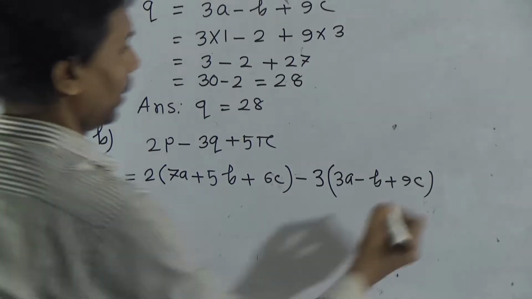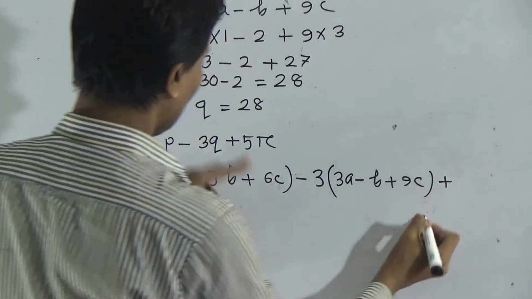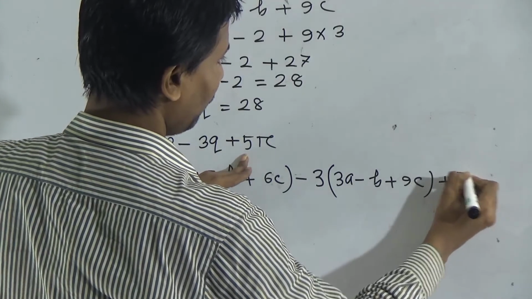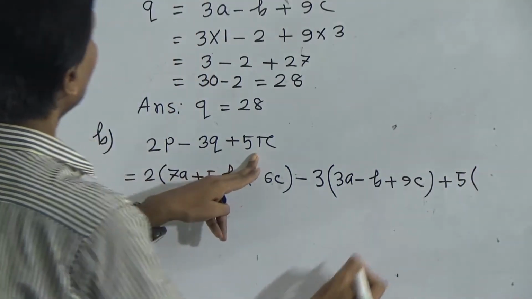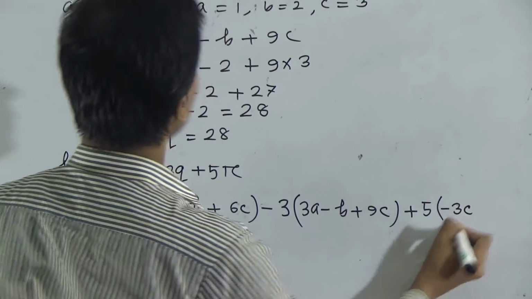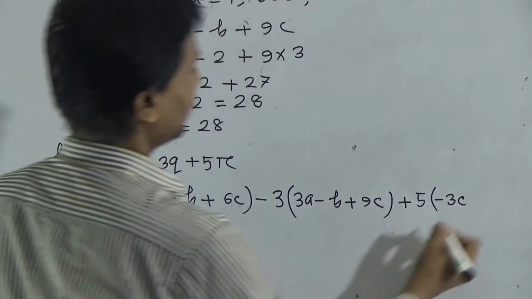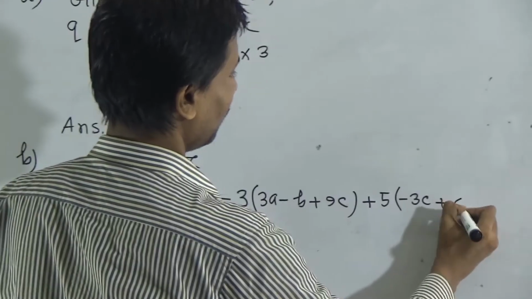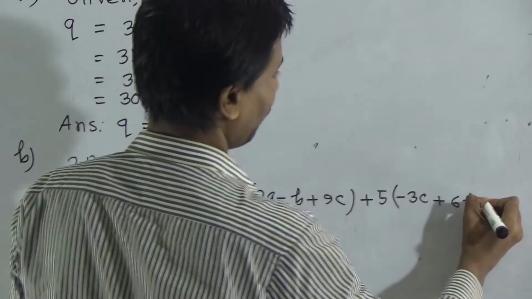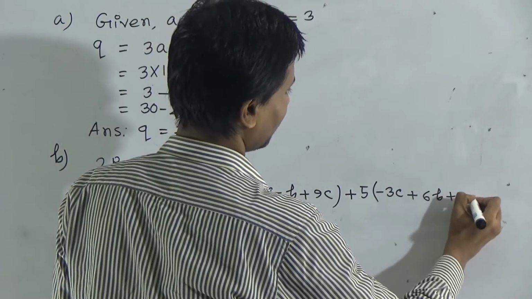Now give a plus sign, 5, you write here 5, R equal to what? You see, R equal to minus 3C plus 6B plus 4A.